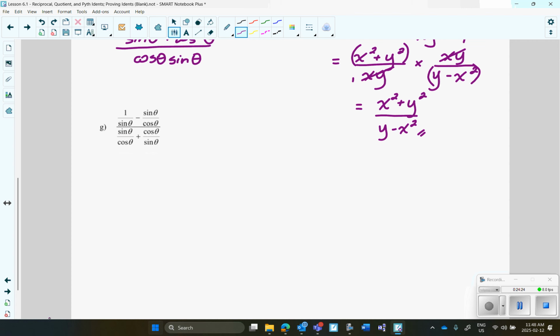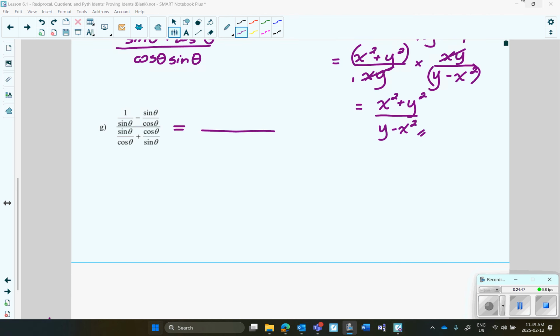But the method is still the same. So you need to find common denominators up top, make it a single fraction. Common denominators for the bottom, make it a single fraction. Divide, reduce what you can to get your simplified answer.